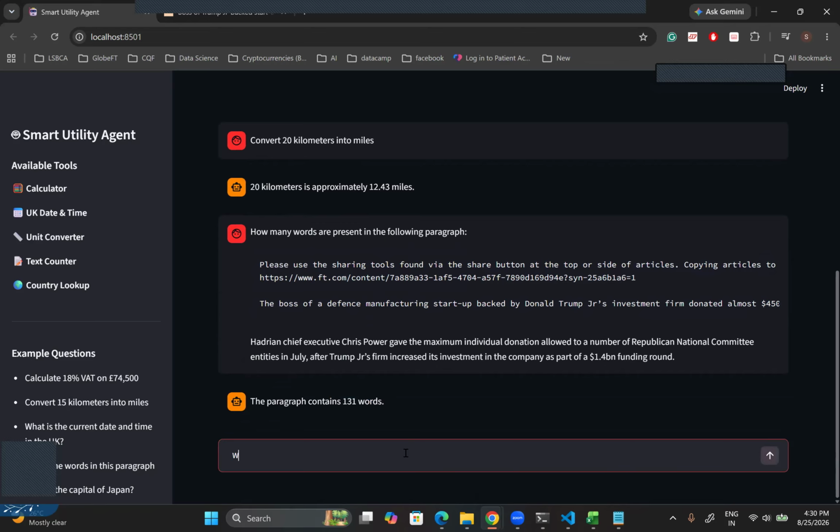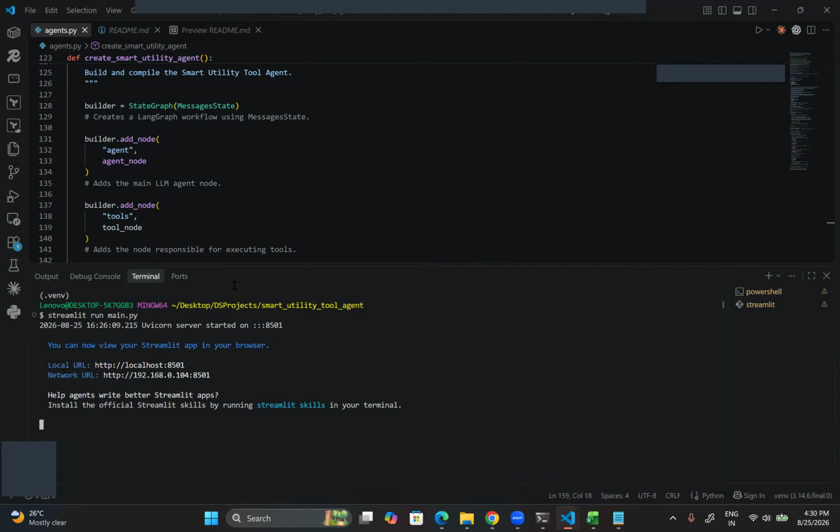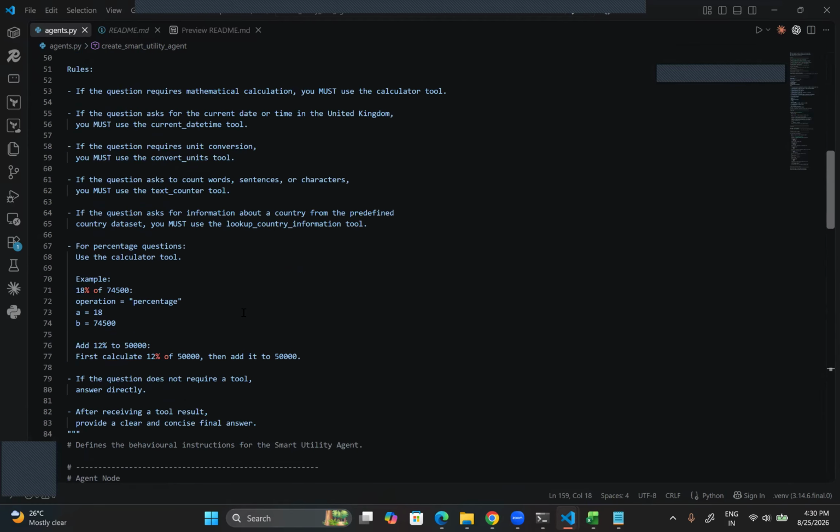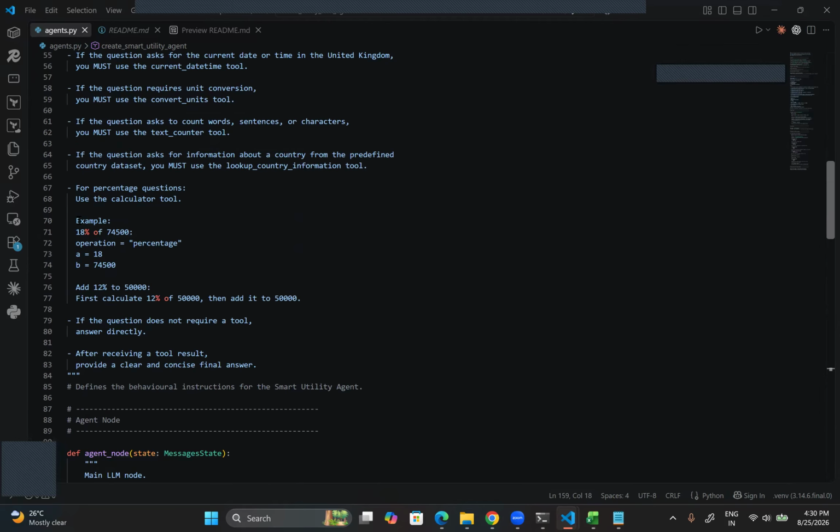Let's try a couple more. Now this one is interesting. I think I haven't shown you. If you go to the system prompt, read this example. What I'm asking through the system prompt is that it first calculate 12% of 50,000 and then add it to 50,000.